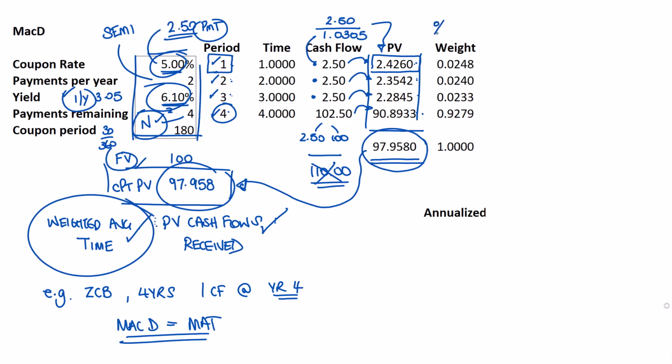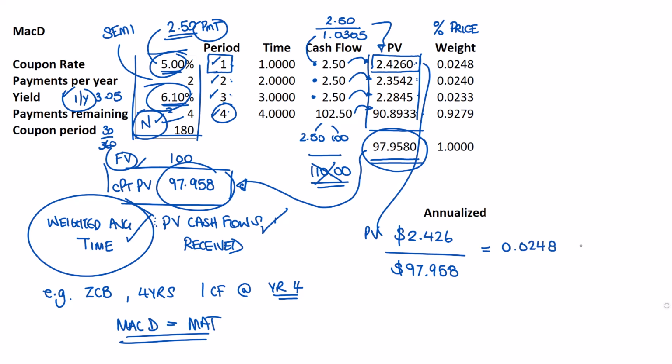What percentage of the total bond price is that? That's what this weighting is. So just to calculate it down here, we get 2.426 PV dollars out of a bond price, a total PV of 97.958. That is 0.0248 or 2.48% of my total PV, my total cash flows.